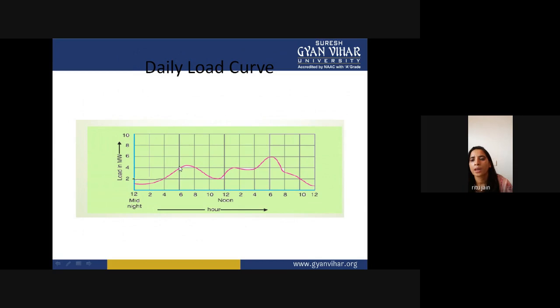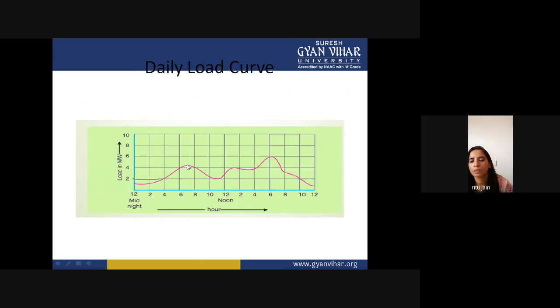At 6 a.m., it reaches 4 megawatt because all people get up early in the morning and they use lighting systems, or in winters they use geysers, and so many equipments are used at this time. So this load increases linearly. After that, the load reaches its peak, which is greater than 4 megawatt.